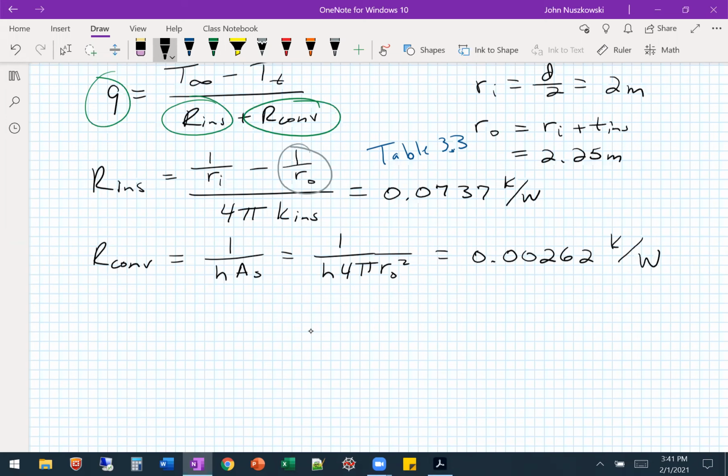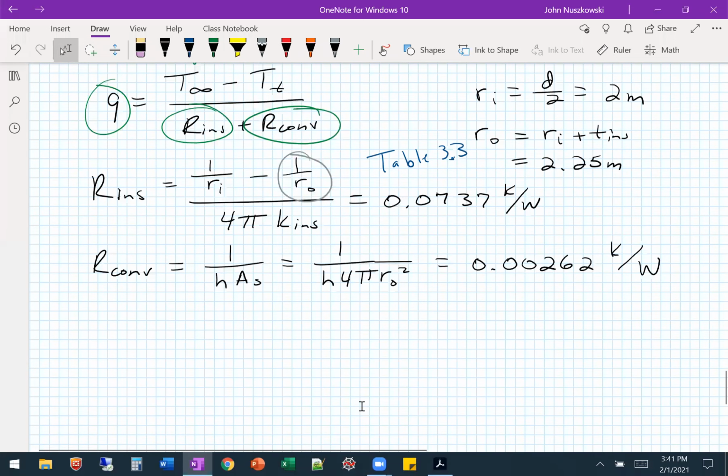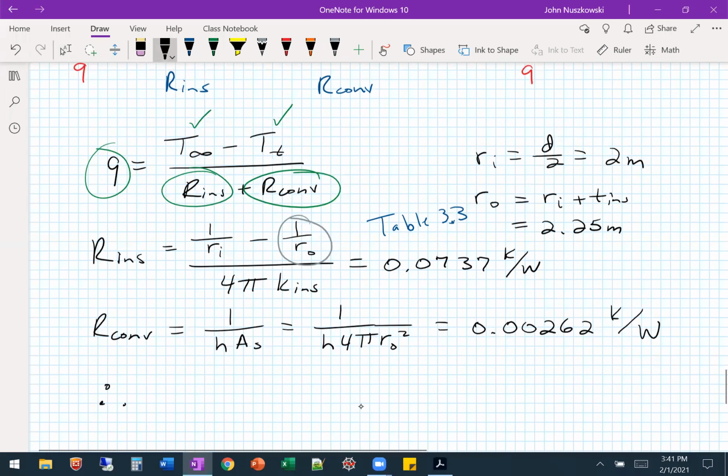You see it's an order of magnitude lower than the insulation's resistance. So now we know those resistances, we can solve for Q. So we get 1048 watts.